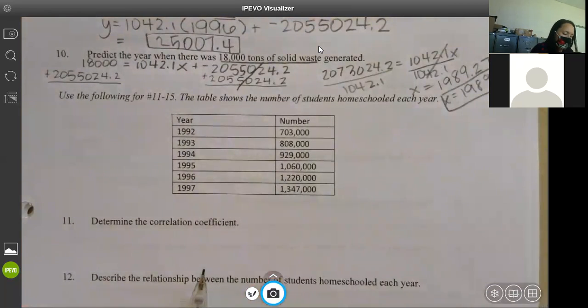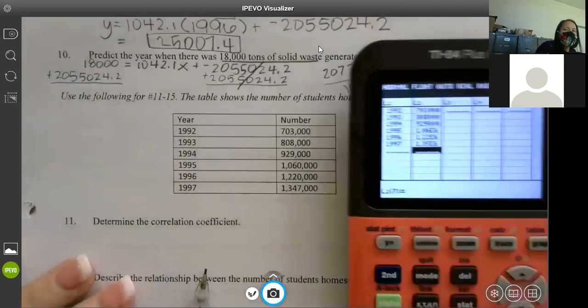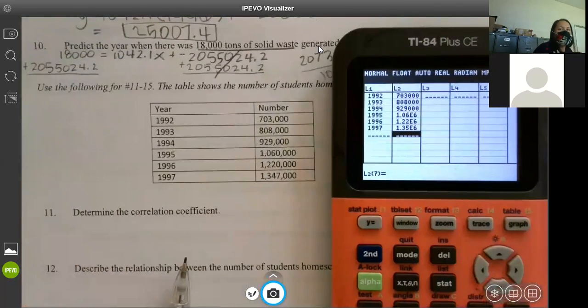I'm going to pick it up so I can put the other ones in. 703,000. 808,000. 929. 1060. And then you'll see that it changes mine to E6. That's okay. That's just scientific notation. You put it in right. As long as it says E6, we're good to go.